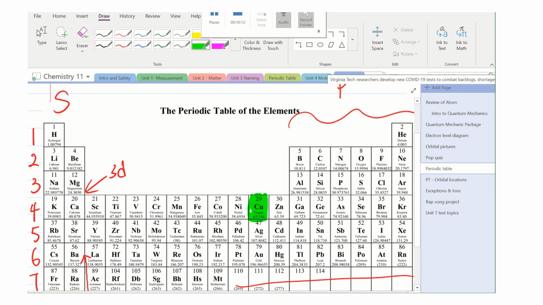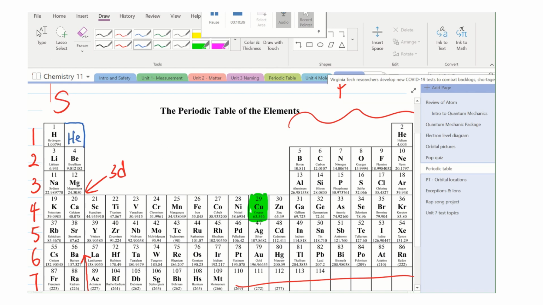Before today you would say, oh, I have 29 electrons, I have to follow the arrow diagrams and fill them in one by one, make sure I got it right. But now, instead of doing that, you can just look at the location on your periodic table and say the electron configuration out loud.